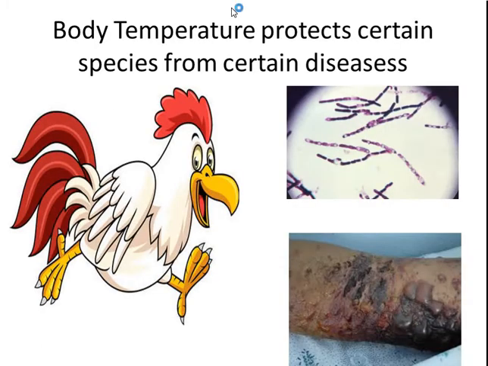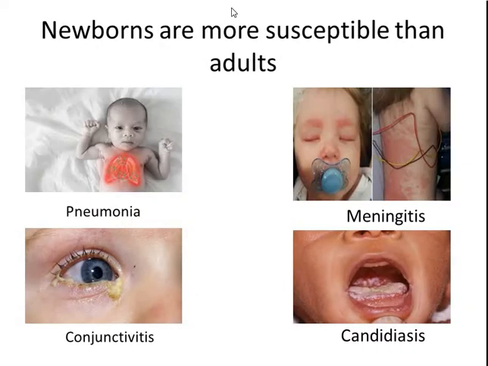Friends, certain species of animals are more susceptible to a particular disease, whereas there are some species which are not at all protected from a particular disease. For example, in case of birds or chicken, the body temperature protects them from some infectious diseases like anthrax. So chicken is protected from anthrax. The gastric pH is also one of the important physiological components which protects some species from particular infections.